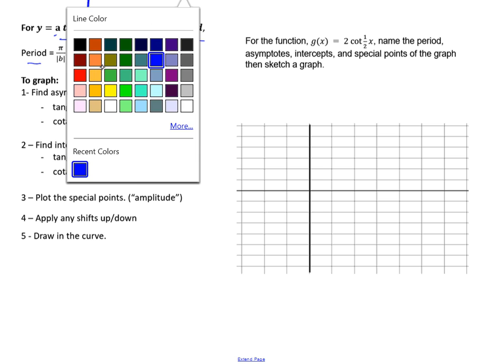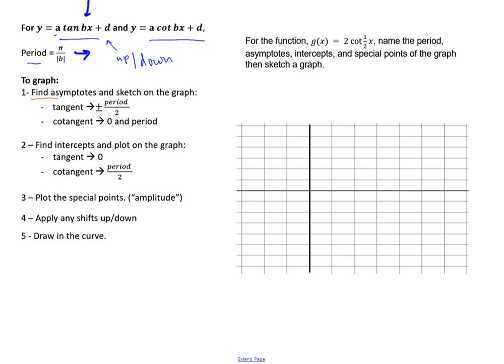Okay, first step you're going to do, you're going to find your asymptotes and sketch on the graph. That is your beginning points, is those asymptotes. So once you've got your period, your P, the tangent asymptotes go at plus or minus P over 2. So take your period over 2. There's going to be one at negative P over 2, and then one at positive P over 2.